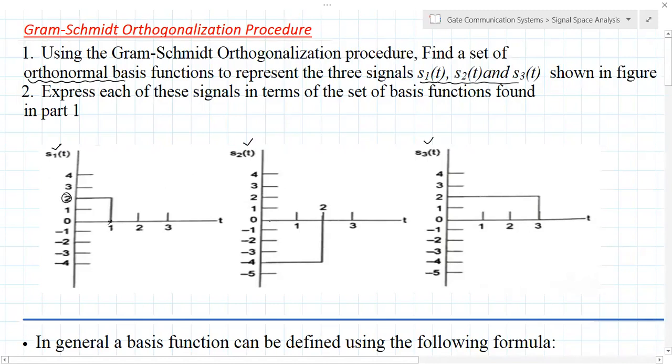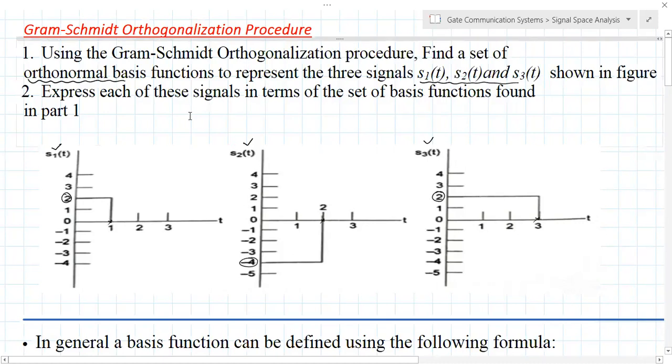And S2 of t is a signal which exists from 0 to 2, and whose amplitude is -4. And S3 of t is a signal whose amplitude is 2, and it exists from 0 to 3. And we need to represent these signals S1, S2, and S3 as a combination of some basis functions or orthonormal basis functions. So now we can see how we can approach this particular problem.